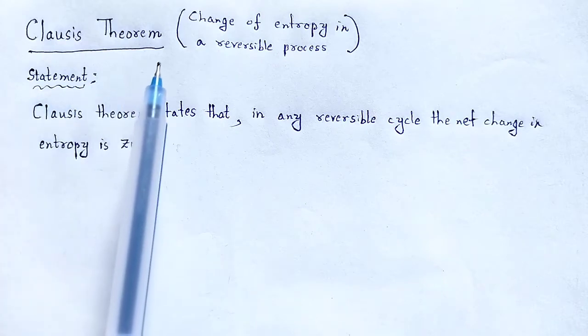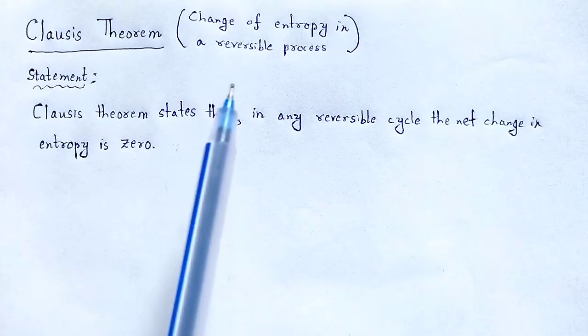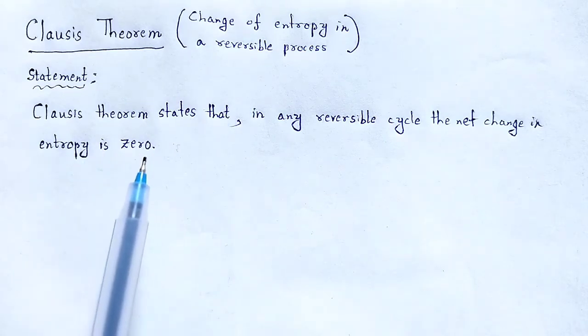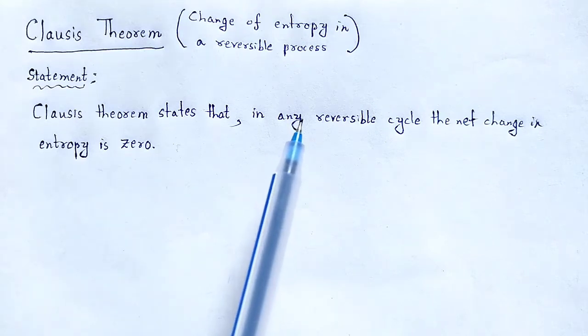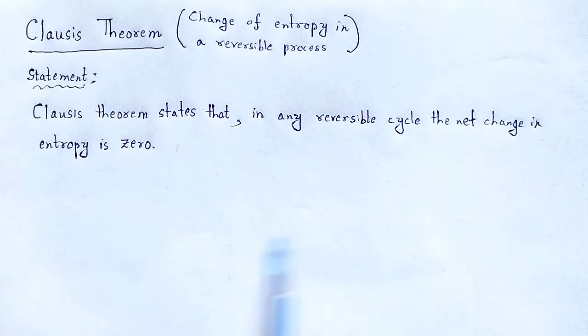Clausius theorem is known as the change of entropy in a reversible process. The statement is: according to Clausius theorem, in any reversible cycle, the net change in entropy is 0.